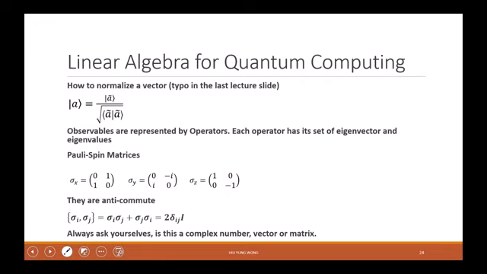Again, what is anti-commute? Basically, a real anti-commute is like this: sigma I, sigma J equal to negative sigma J, sigma I. That is anti-commute. For commute, it means sigma I, sigma J equal to sigma J, sigma I. Okay? And can you tell me what is this delta Ij again? Kronecker delta is equal to 0 when I is not equal to j, equal to 1 when I equals j, right?